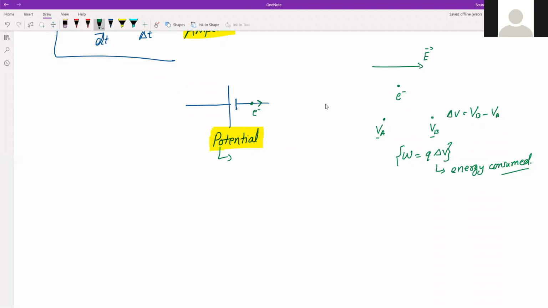This electron wants to move and come back to this point along a path. For this, it will require some energy. So who will give this energy? This battery.